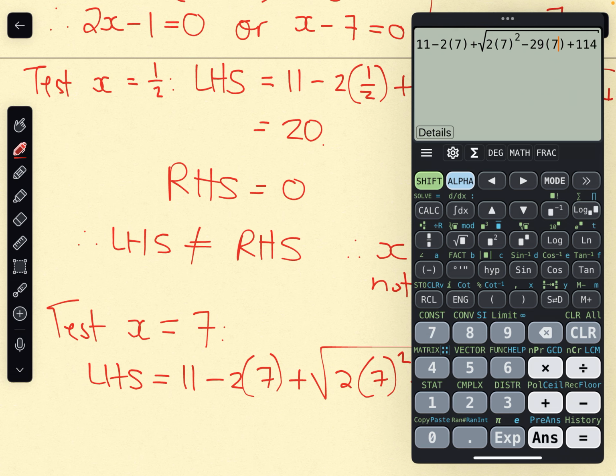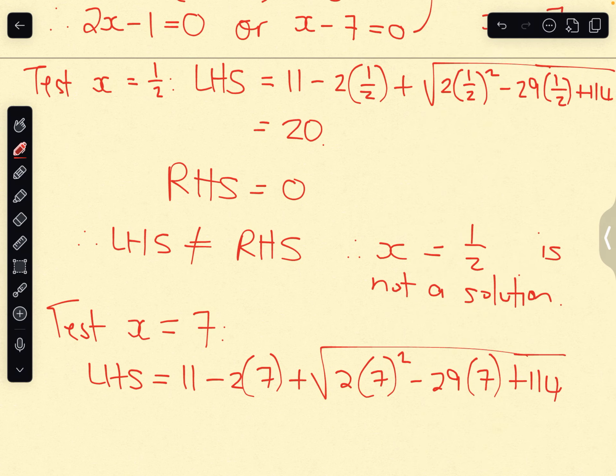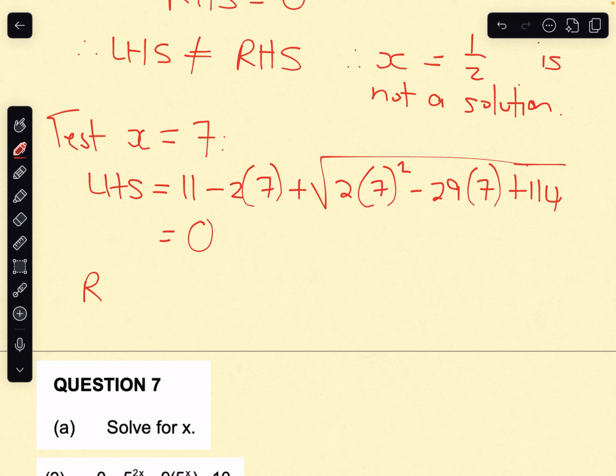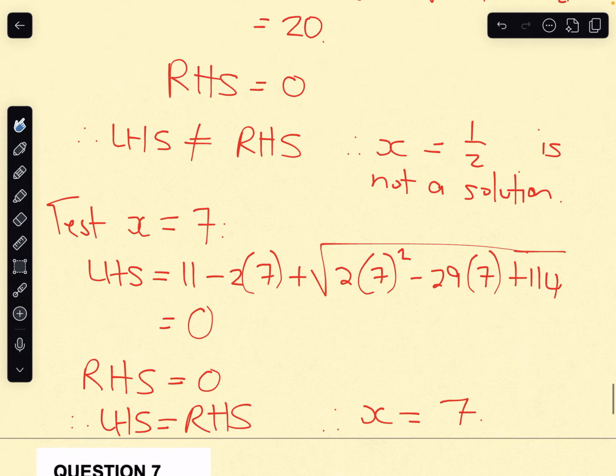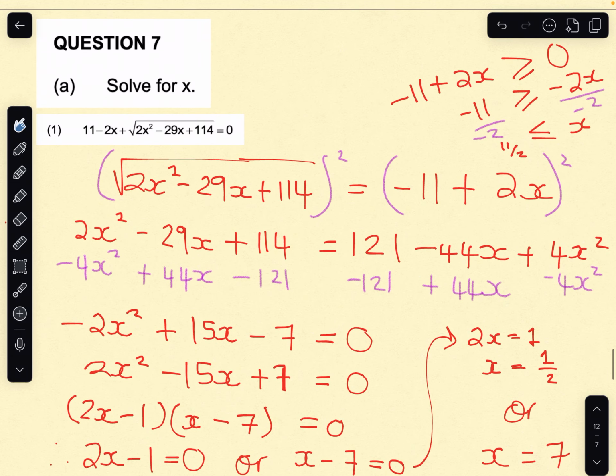Let's see. And indeed, our answer is 0. Left hand side equal to right hand side, meaning that the only solution to this equation is x is equal to 7.